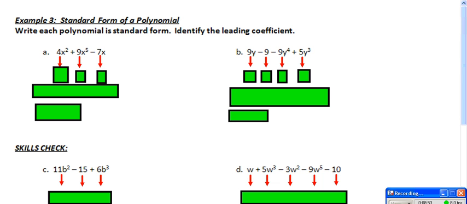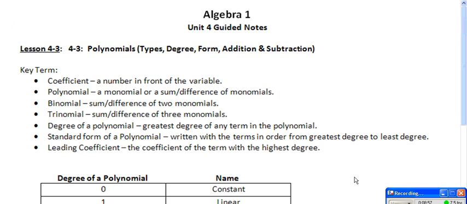In example 3, we're going to write it in standard form and identify the leading coefficient. I'm just going to reference the 2 vocabulary terms that you have on your paper. Again, standard form: writing the terms in order from greatest degree to least degree. Greatest to least. Leading coefficient is the coefficient of the term with the highest degree.